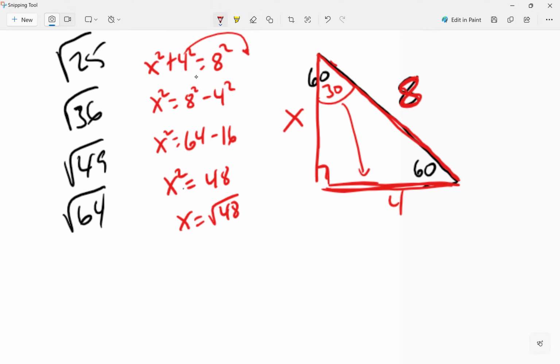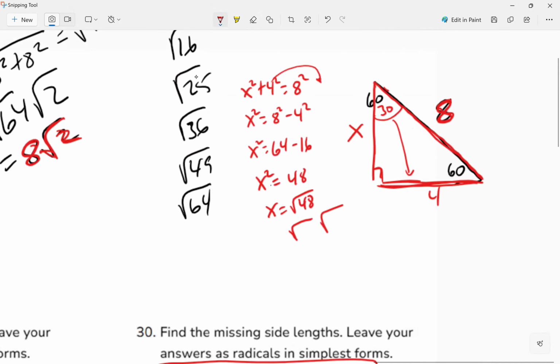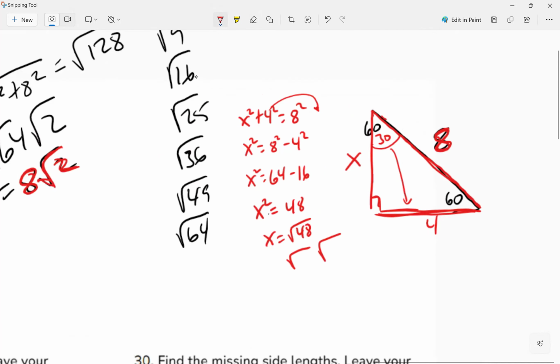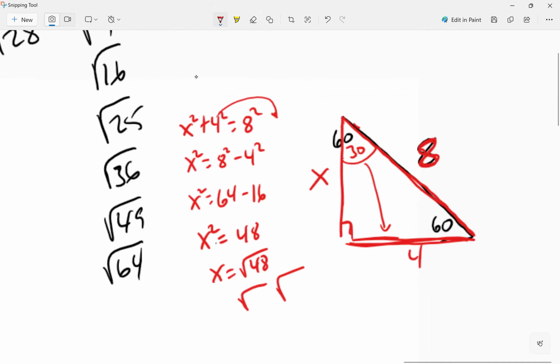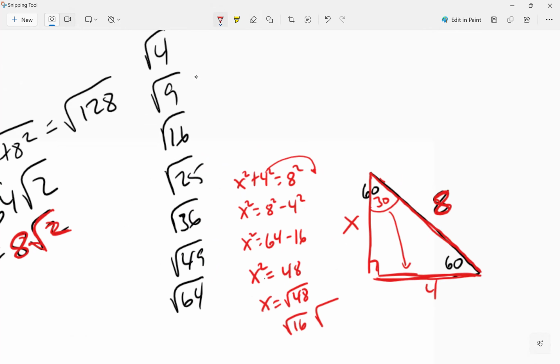But that's not a perfect square. Okay, so I'm going to simplify this. How do I simplify radicals? Remember my perfect squares. You guys see them right now on the left of your screen. 48, I can divide this by 16. Because remember, I could have divided by 4, not by 9.